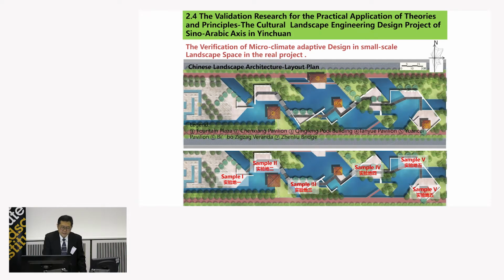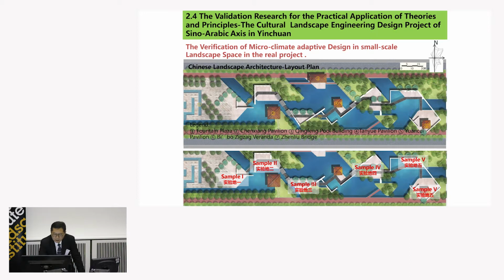The other thing related to this research is that we are doing validation research for the practical application of theory and principle. The project name is the Cultural Landscape Engineering Design Project of the Sino-Arabic Axis in Yinchuan City, Ningxia Province, China.